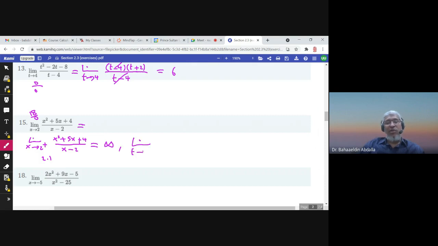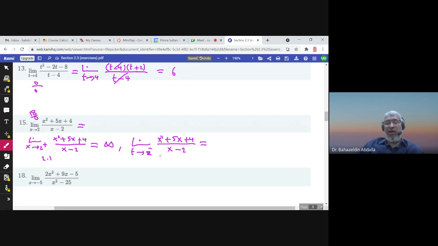While the limit when x approaches 2 from the left of x squared plus 5x plus 4 over x minus 2, if we replace x by 2, we get 18 over 0. So 18 over 0 will give you either positive infinity or negative infinity.